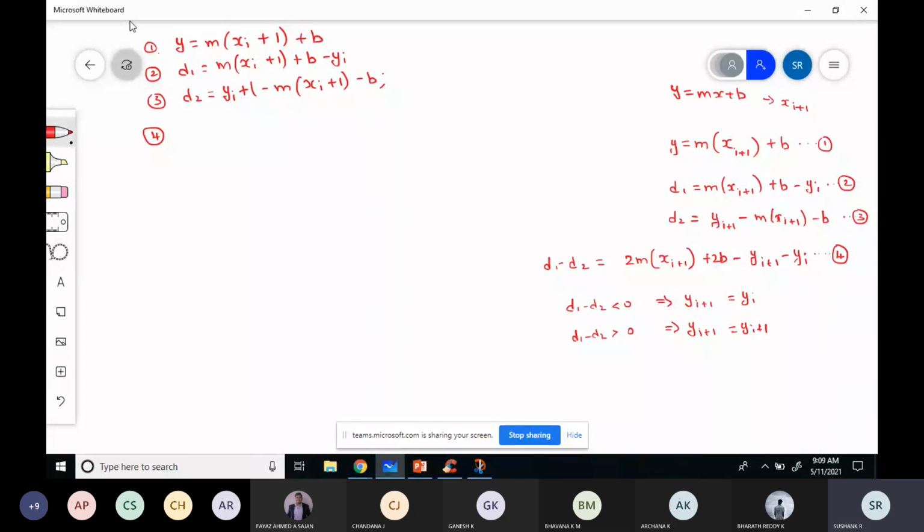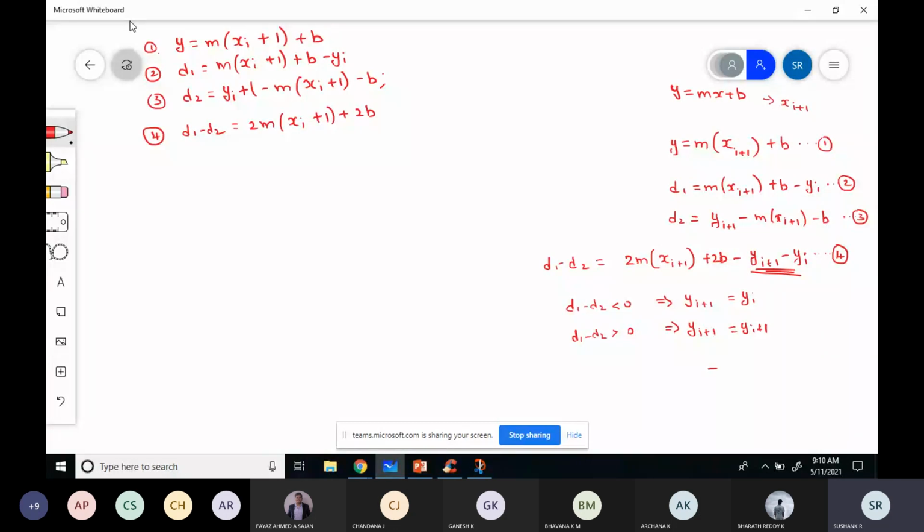Now the difference d1 minus d2 will be 2 times m xi plus 1 plus 2b. Now this part I will simplify further.